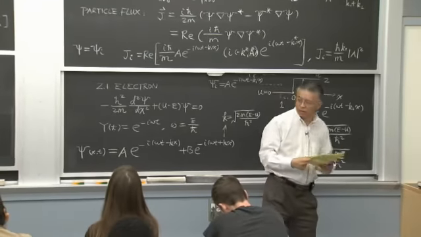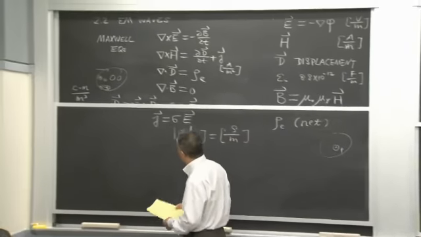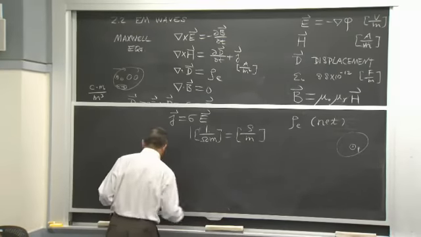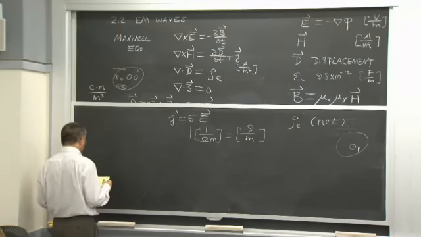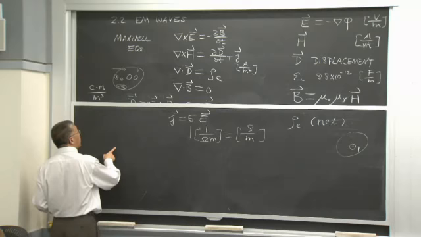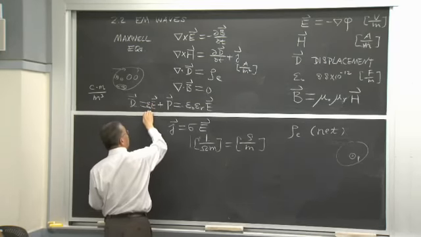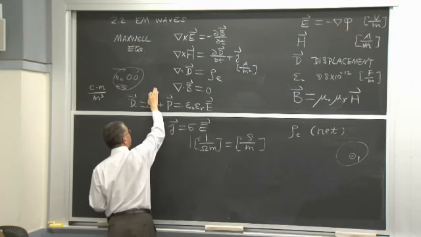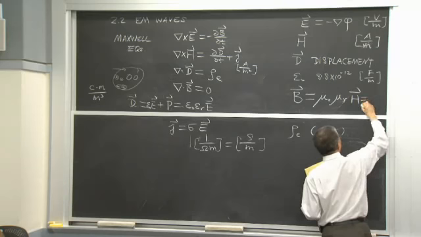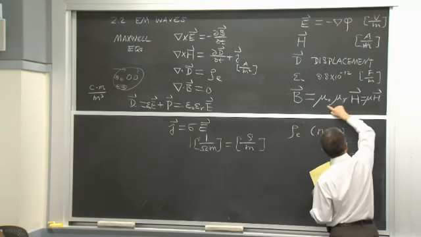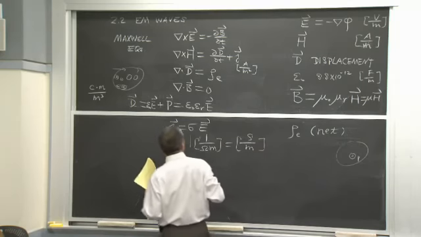And now we can say why. Let's do a few math operations. Just get familiar with it. You have seen them. So if I look at this, I can eliminate B first. Right? Here I can write B as mu H, where mu 0 times mu r is mu, and permittivity.